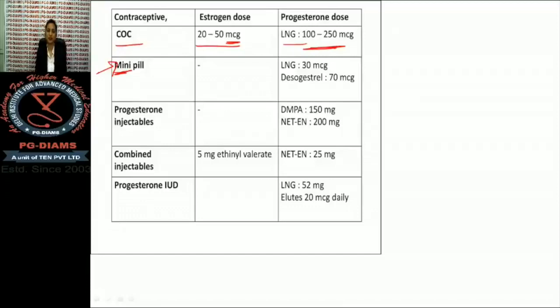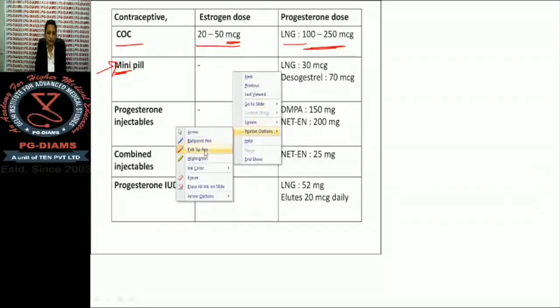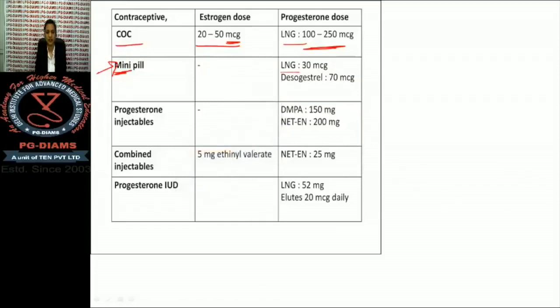The progesterone dose here is 30 micrograms. This is 0.5 to 0.3 of the dose of progesterone in combined OC pills. What I'm trying to tell you is that mini pill not only does not have estrogen, it also has a very low dose of progesterone.